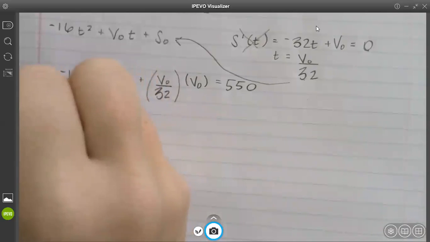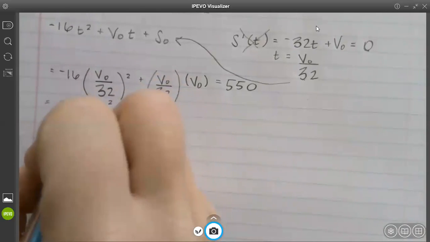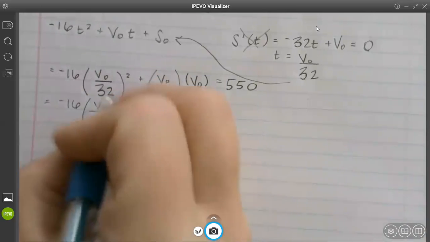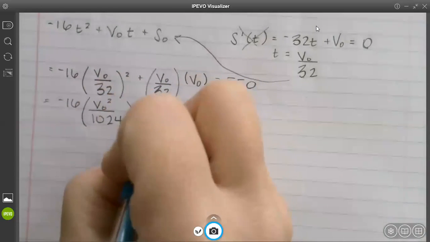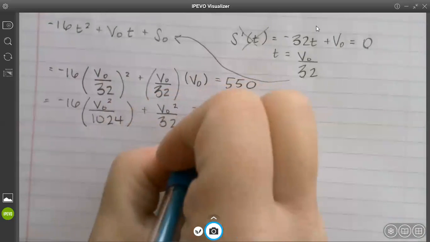We get -16 times V sub O squared. What is 32 squared? I didn't work all this out on my paper. 1024, plus V sub O squared over 32.